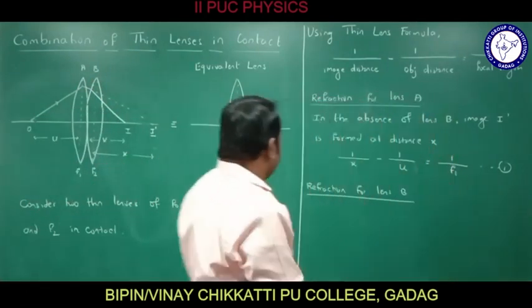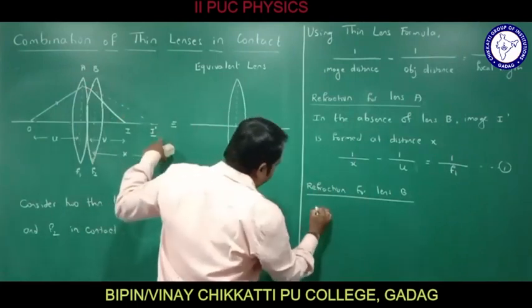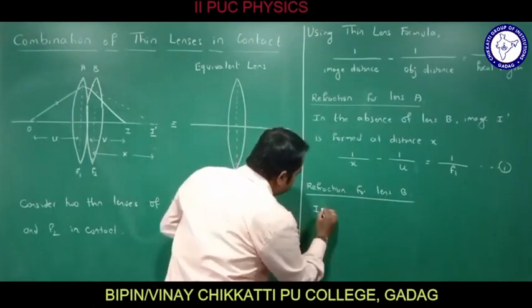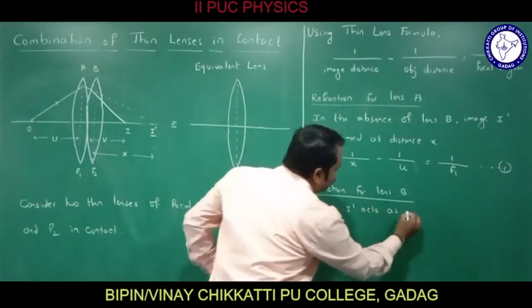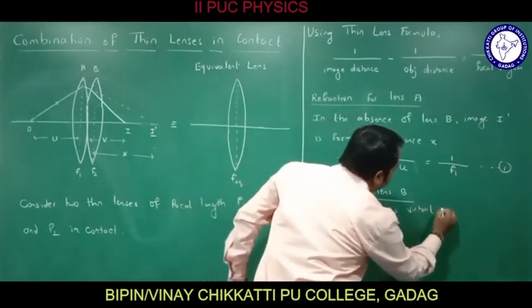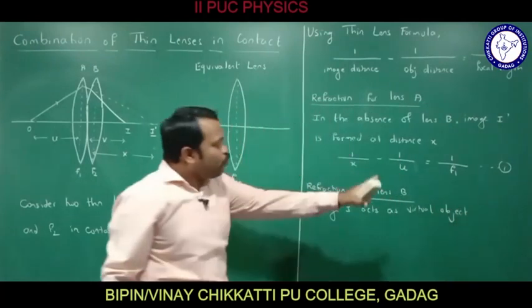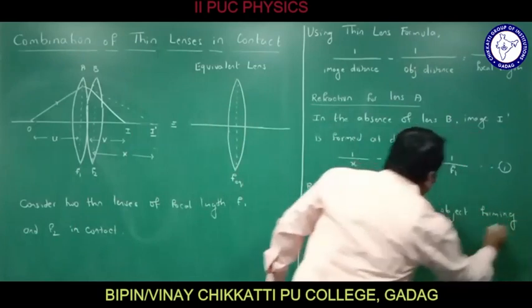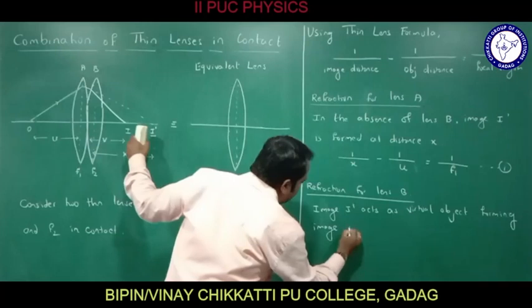Now, for refraction at lens B, I dash acts as which object now here? Virtual object. Image I dash acts as a virtual object forming an image. Where is the image formed by the second lens?